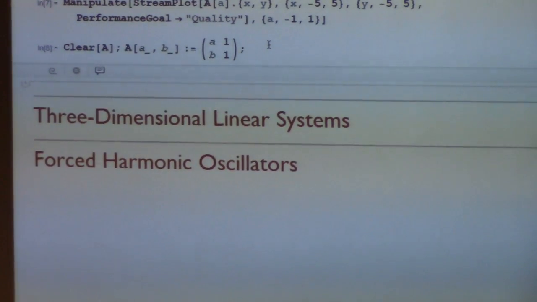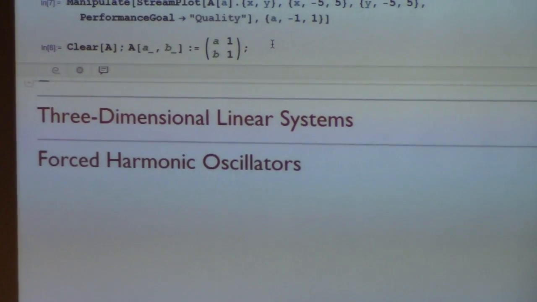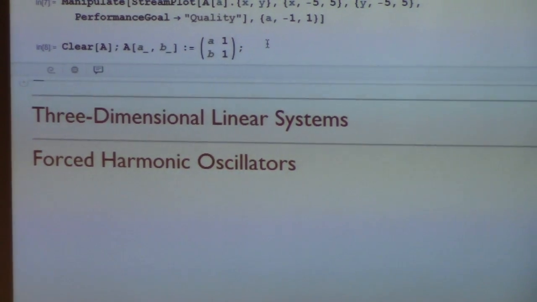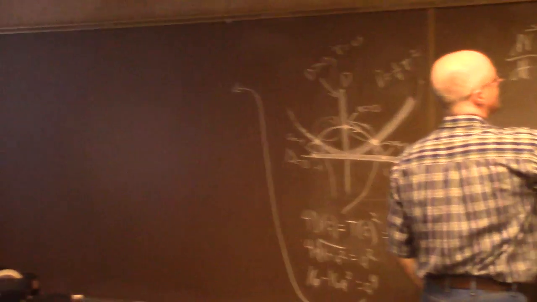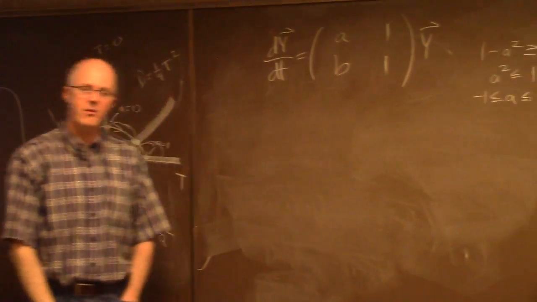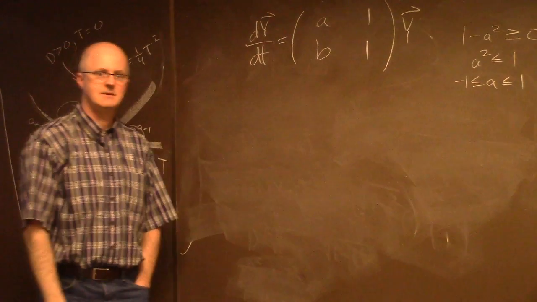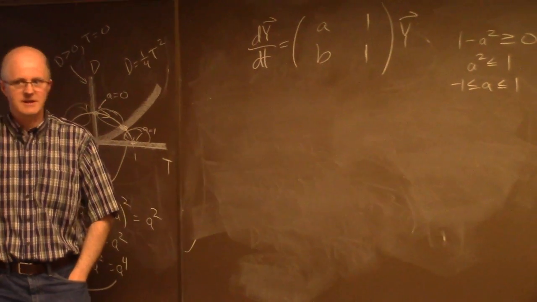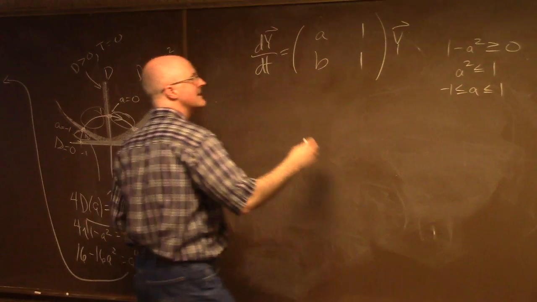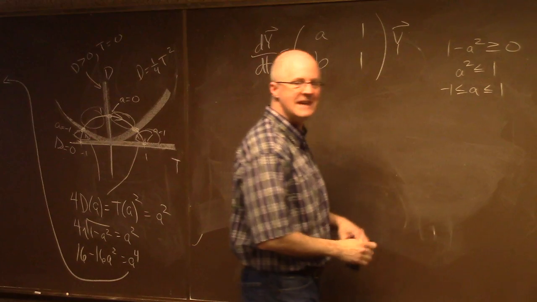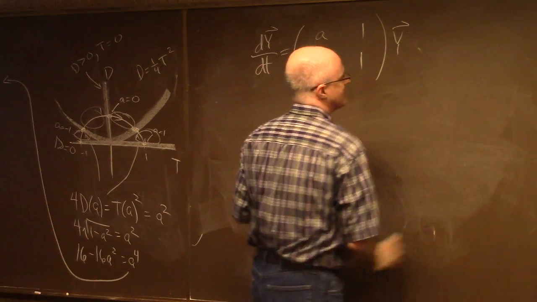Now the trace and determinant depend on both A and B. This example is a two-parameter family of systems that's sort of doubly infinite in a sense. Don't overinterpret that. A and B can be anything.